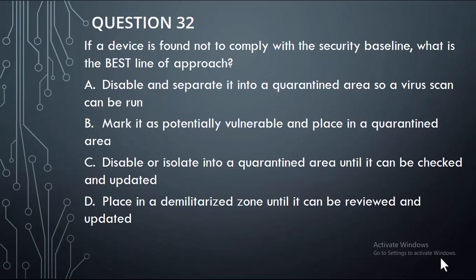D. Place in a demilitarized zone until it can be reviewed and updated. The answer here is option C. When a system is found not to comply with the security baseline, it is best advised to disable or isolate it into a quarantined area until it can be checked and updated.